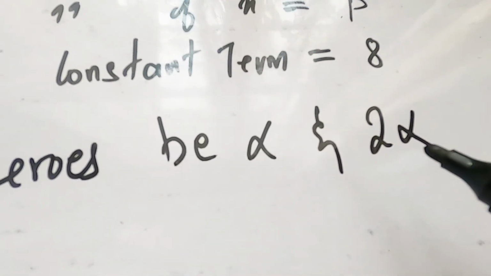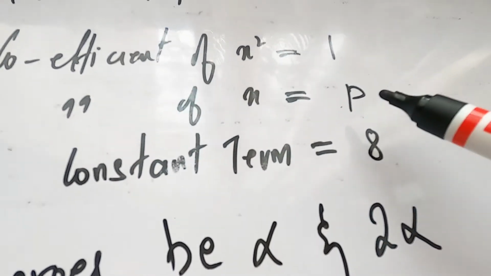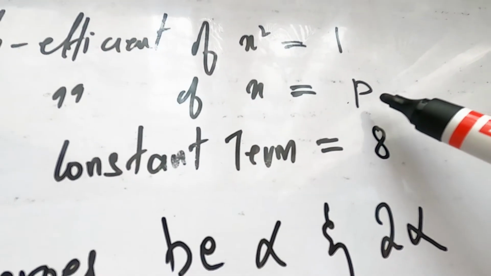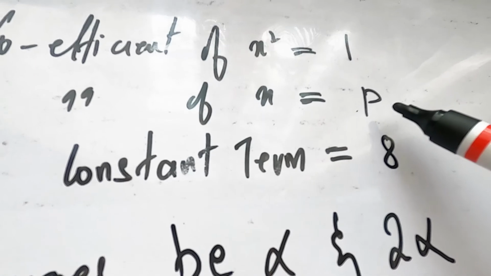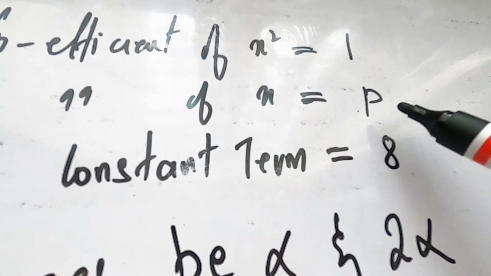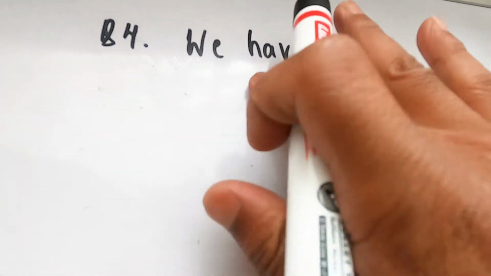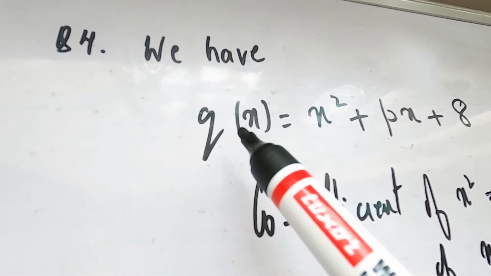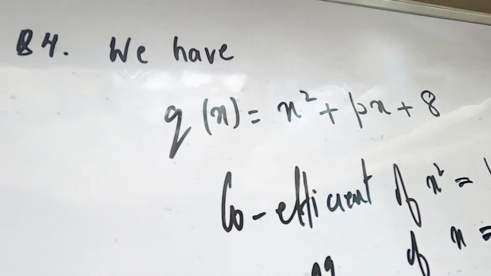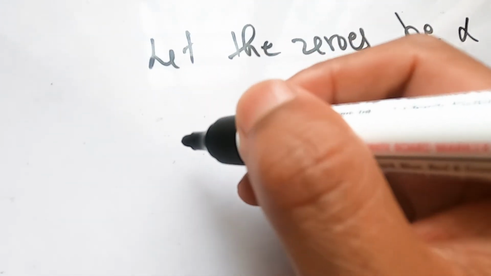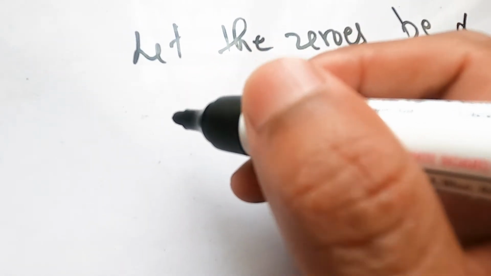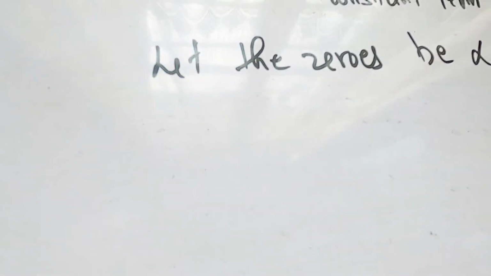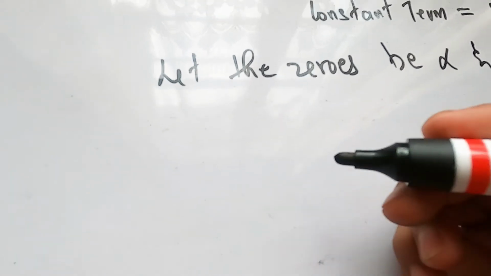In this case we have to find the value of p, and also after getting the value of p we have to find the two zeros of q(x).